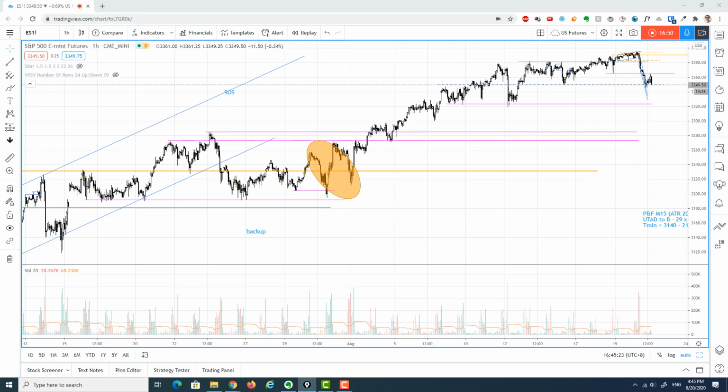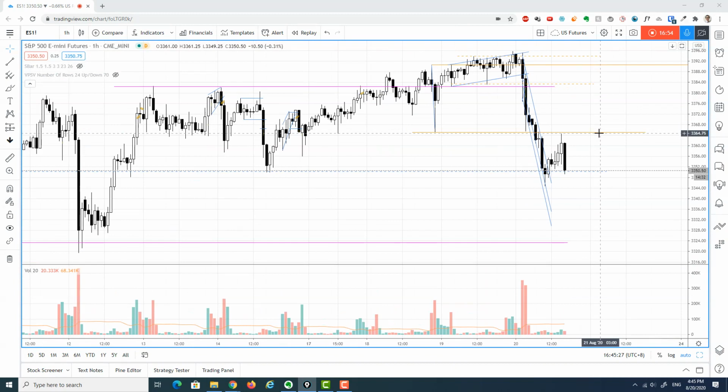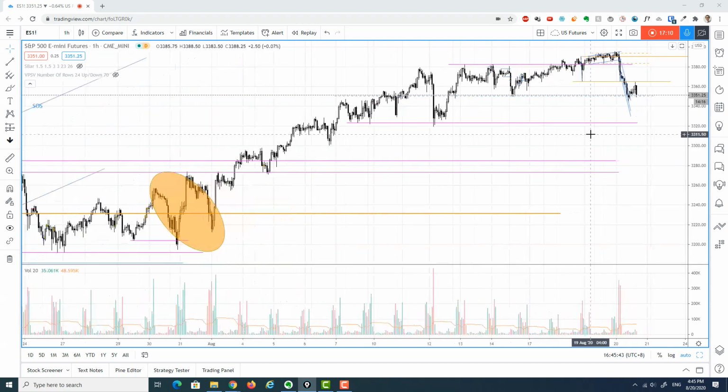All right, so in terms of the trading bias, I still keep a neutral bias for today, because we can trade either direction. But in terms of the long-term direction, nothing has changed yet, because it's still in a bullish environment.